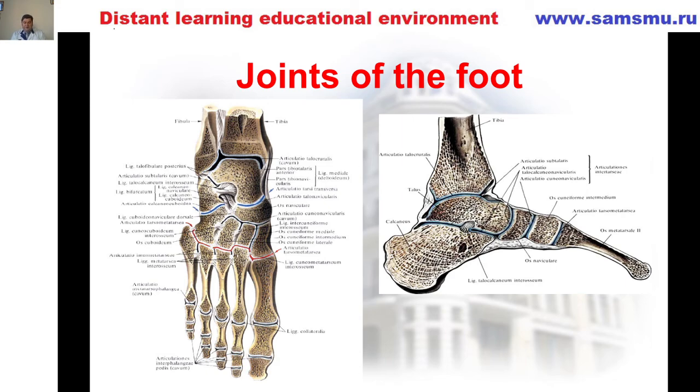The cuneonavicular joint, you may see this joint here on this picture, is formed by articulation of the posterior articular surfaces of the cuneiform bones with the three facets on the distal articular surface of the navicular bone. All these articular surfaces are enclosed in a single common capsule, and the joint cavity extends between the opposed surfaces of the cuneiform bones.